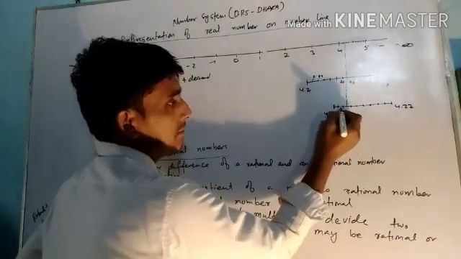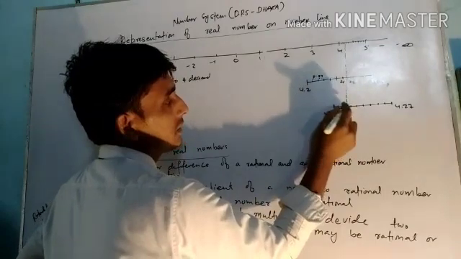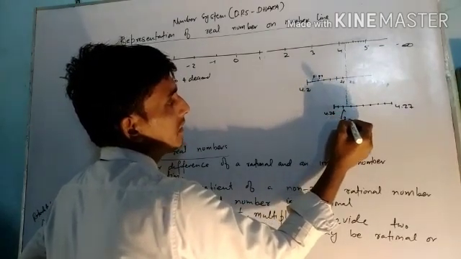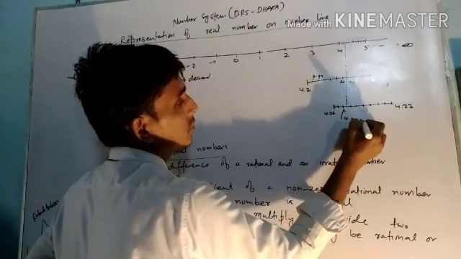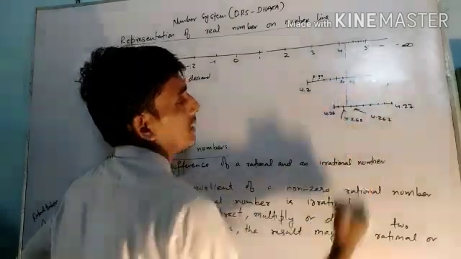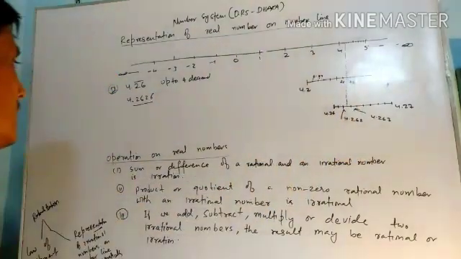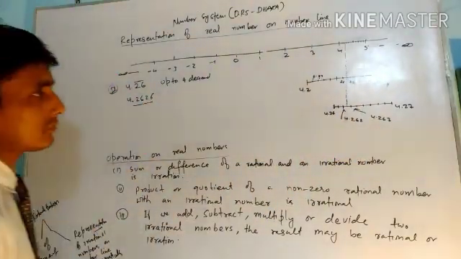This point is representing 4.261, this point 4.262 and this is 4.263, and our number is lying between 4.262 and 4.263.